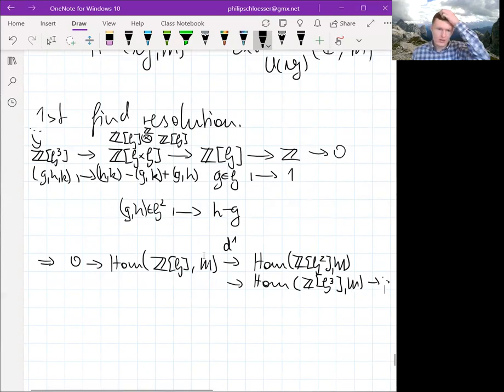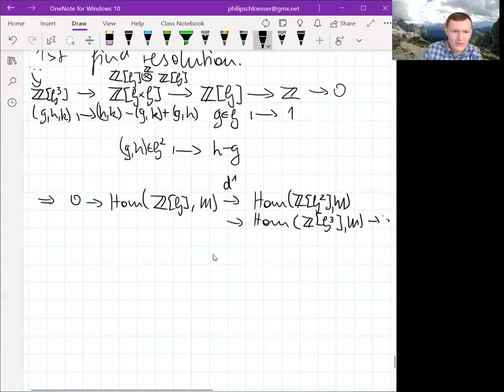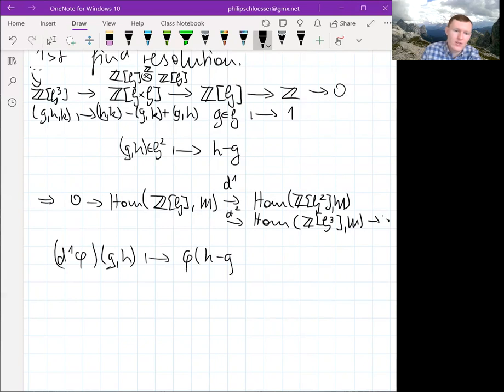And so on. And what do these maps do now? Well, d1 of phi is supposed to take a linear combination of pairs of elements of G. So it takes one pair (g, h) to phi of h minus g.